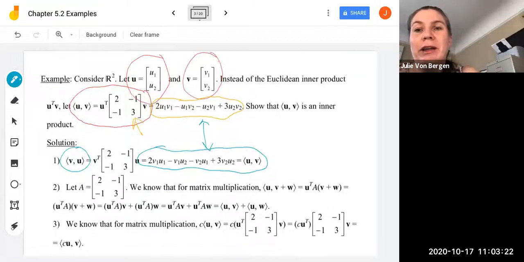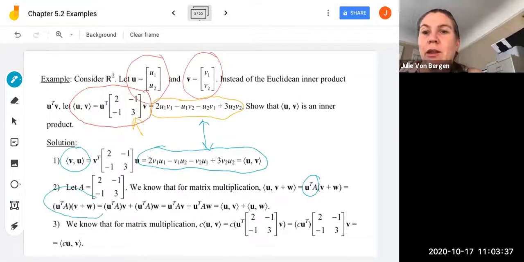All right, in part 2, we're going to check the distributive property. We know for matrix multiplication that U transpose A multiplied through by V plus W is U transpose A, worked together first with the parentheses, multiplied by V plus W. Then we can distribute U transpose A through to V and to W, without the parentheses, in any order.